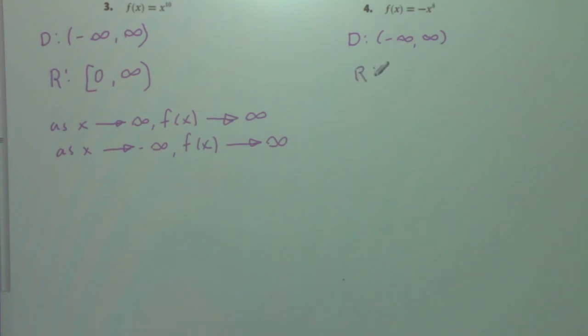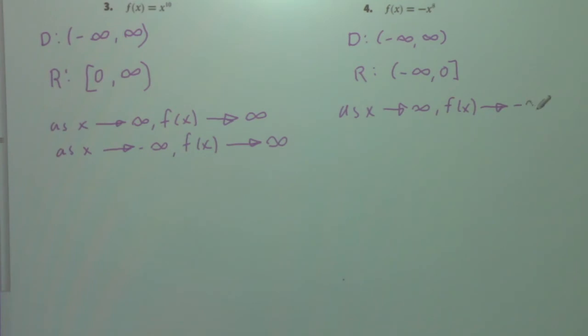Okay, what is our range going to be? Negative 0, infinity, 0. Okay, what goes over here? Bracket, okay. Next, end behavior: as x approaches infinity, f of x approaches infinity. Oh, you meant to say negative infinity, right?